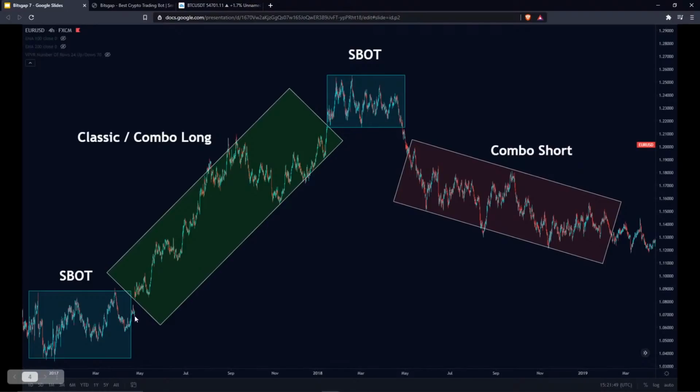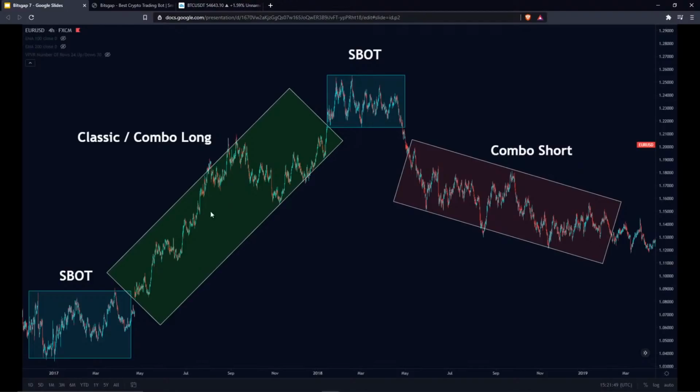For the accumulation and the distribution phases, the optimal strategy, which has been statistically proven, is the S bot. Compared with the classic bot, the S bot on the accumulation and distribution phases would make more returns.